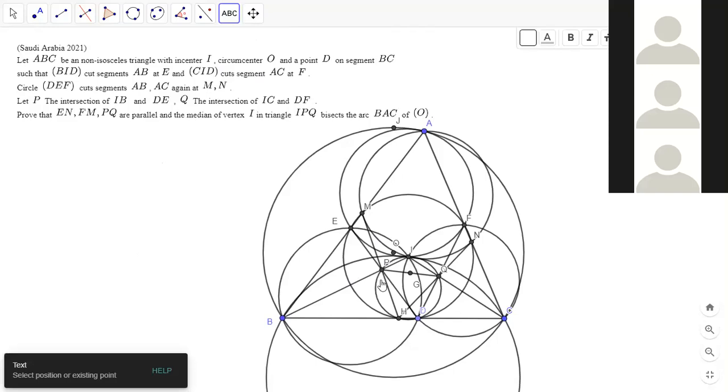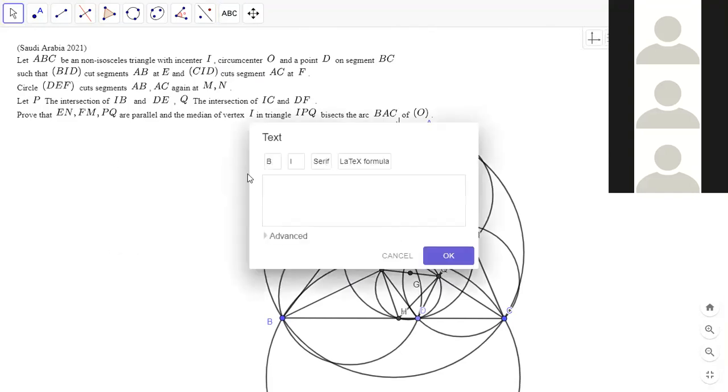So angle PDQ is PDI plus QDI, which is... yeah, it's kind of easy, but angle PDQ is angle PDI plus QDI, which is angle EDI plus angle FDI, which is angle EBI plus angle FCI.